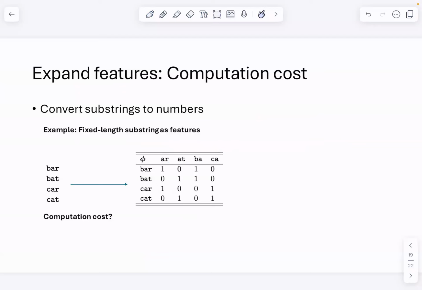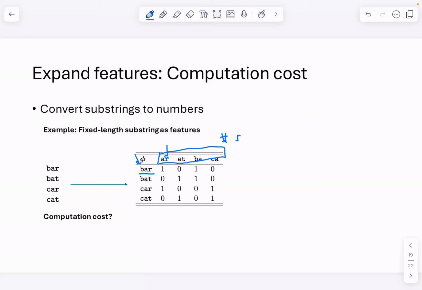But then let's think about what the computation cost of doing this is. Obviously we need to do this conversion for all substrings, so the computation scales with the number of substrings we have, let's say the number of S. And to find whether a substring is contained in this word, we also need to iterate through all the letters in the word.